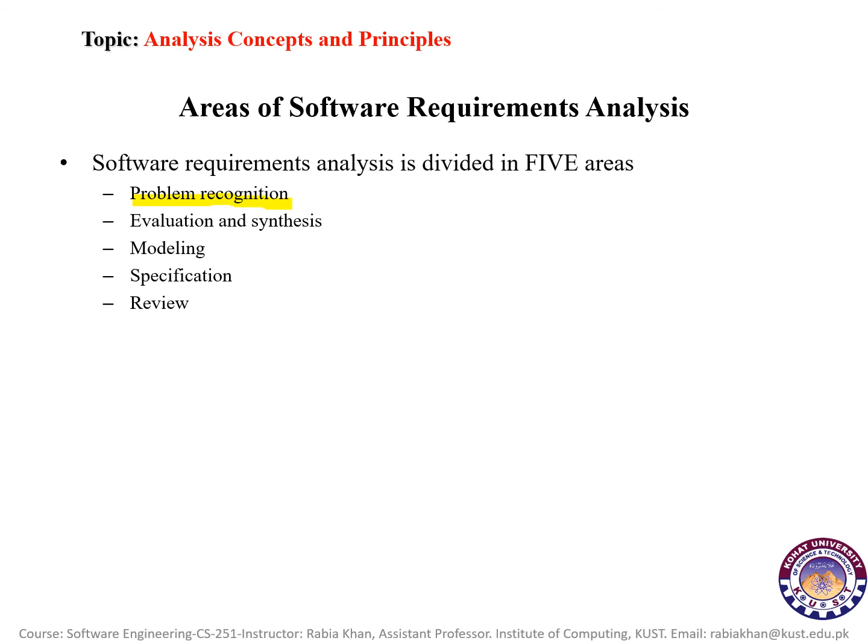Initially, the analyst studies the system specification or the current working mechanism of the customer, how he deals with the problem without software, and the software project plan if it has been developed. It is important to understand software in a system context and to review the software scope that was used to generate planning estimates.